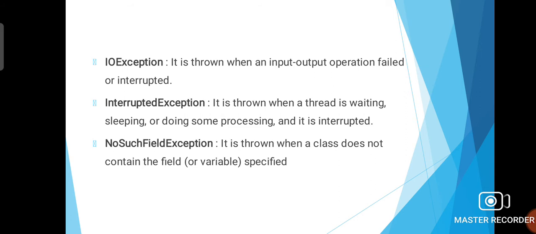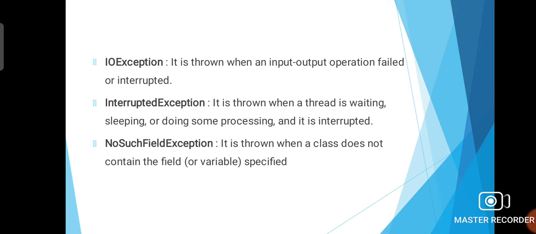InterruptedException. It is thrown when a thread is waiting, sleeping or doing some processing and it is interrupted. NoSuchFieldException. This is the exception for the situation when a class does not have the specified field or variable.